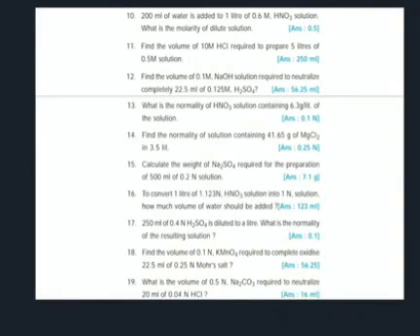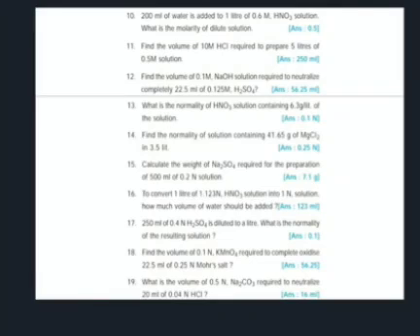Find the volume of 10 molar HCl required to prepare 5 liters of 0.5 molar solution.